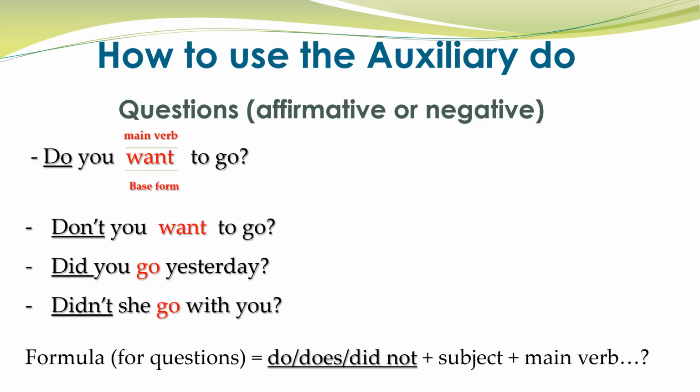And now it's a negative question in the past. So again, if it's the past, we use did all the way across, all the way down to every single subject. Formula for questions, you do first, either present or past, plus subject plus the main verb.